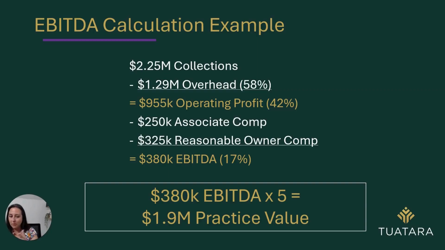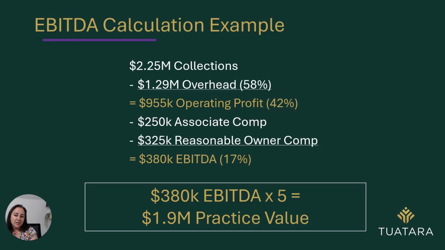In this example, we have an owner who's producing slightly more than the associate, so there is a higher expense here. And typically that's the case. Typically owners outproduce associates. So that leads us to $380,000 in EBITDA, which is about 17%. We take that times 5, and that gets us to the $1.9 million practice value.